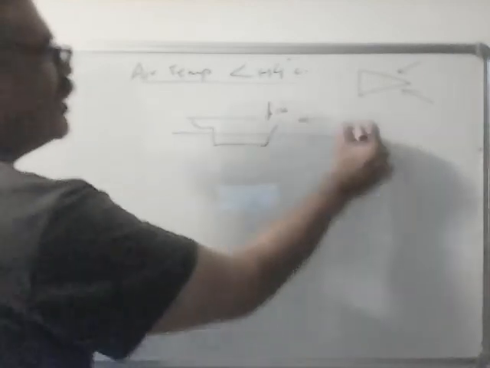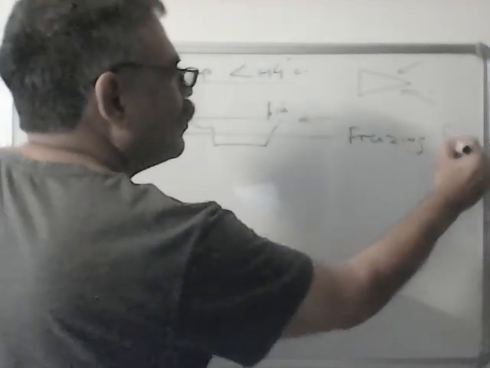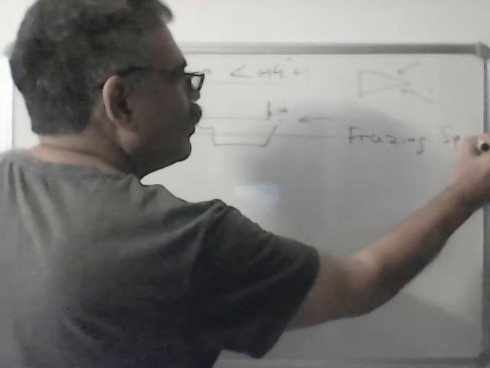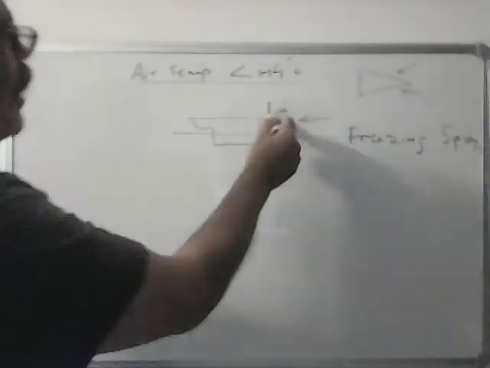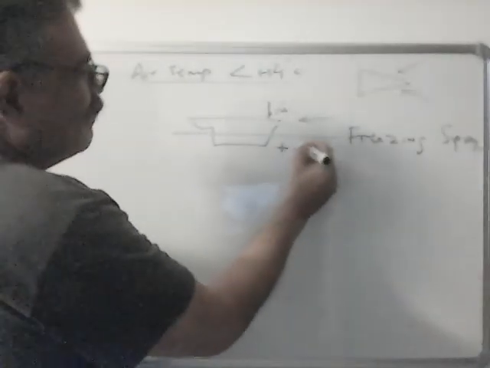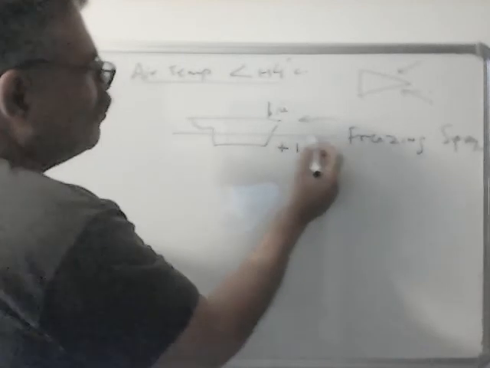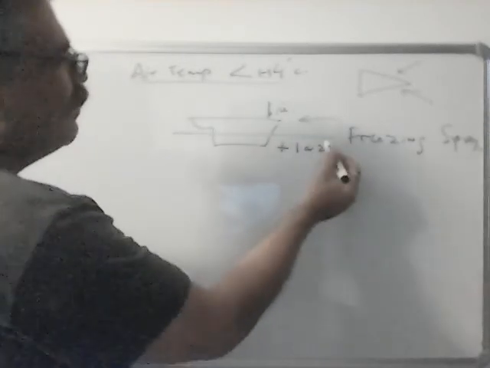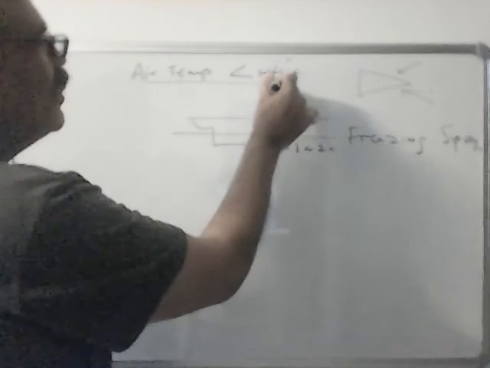That is called freezing spray. Initially it comes as water, but within a few seconds it becomes ice. Sea temperature is normally always positive, 1 or 2 degrees, whatever. So there is no sea ice. There is clear water. But once the spray comes, it is exposed to this temperature.